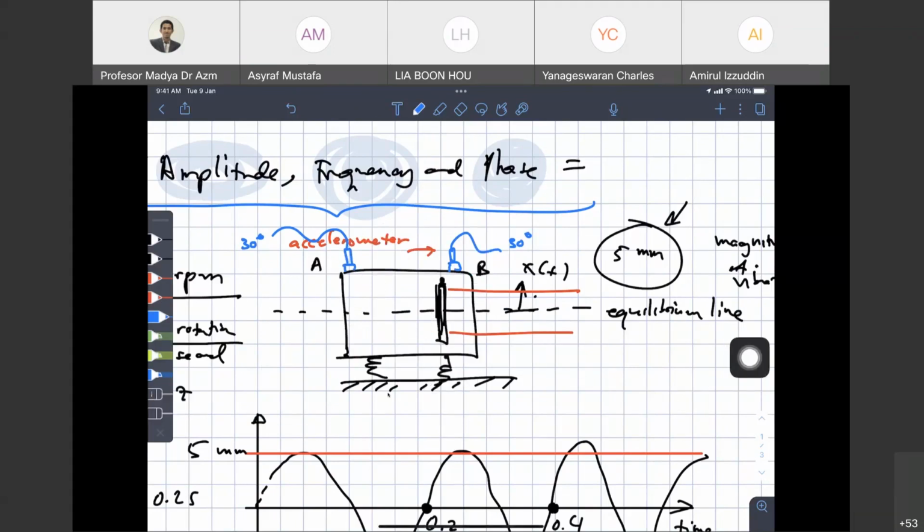Now, in a different situation, when you find B is the phase 210, and this one is 30, how is the motion of the machine?